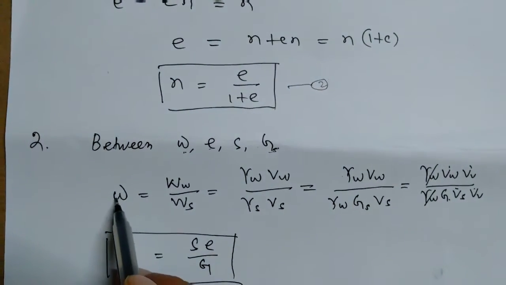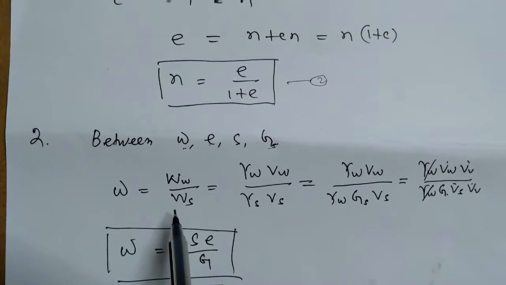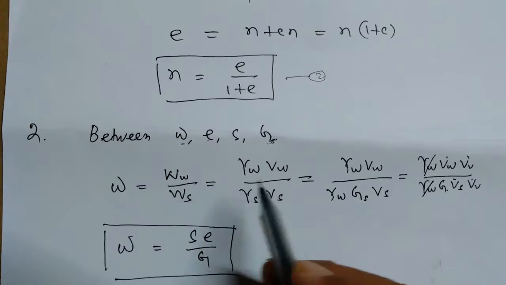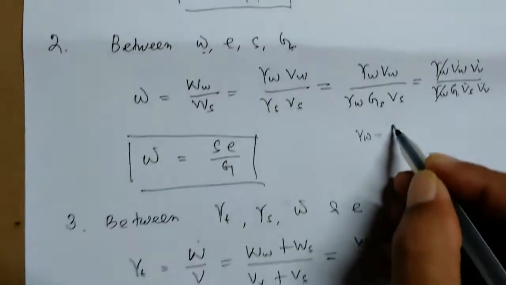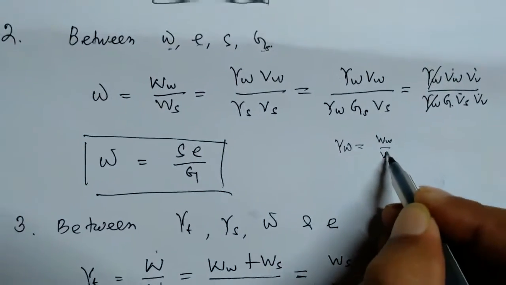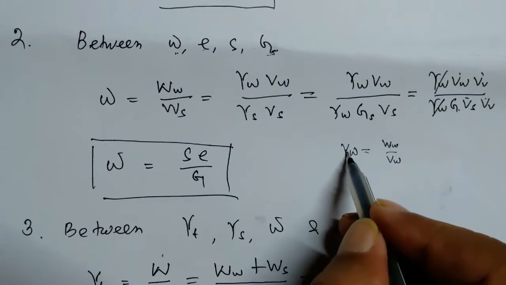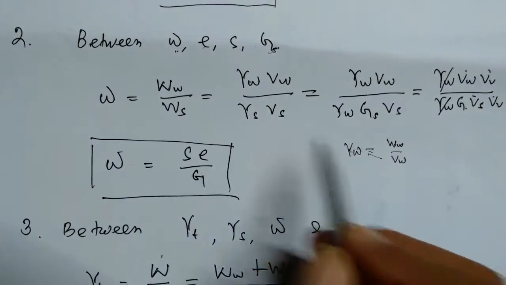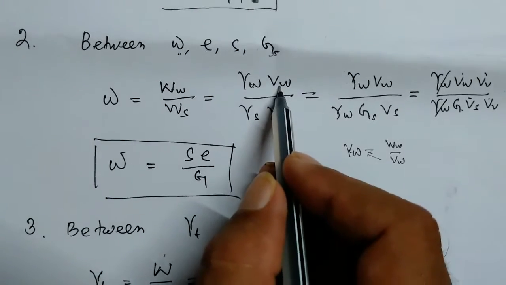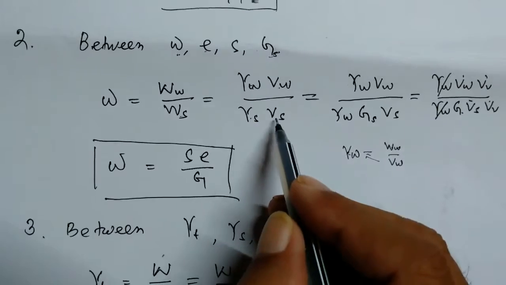Now beginning with water content, which is weight of water by weight of solid. For weight of water, we can write this, because we know unit weight of water is equal to weight of water by volume of water. So weight of water will be unit weight of water into volume of water. Similarly, weight of solid will be unit weight of solid into volume of solid.